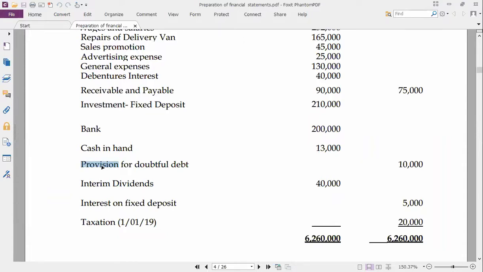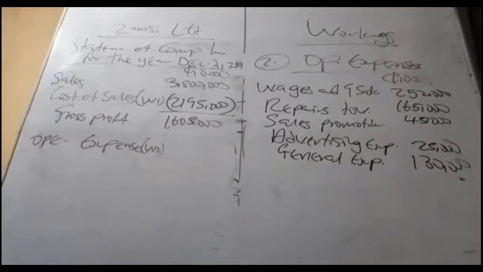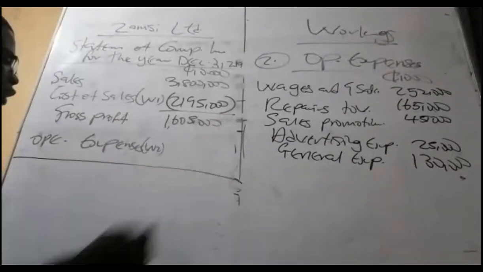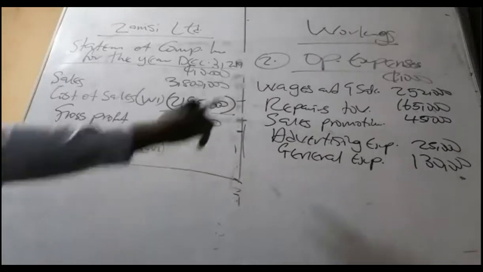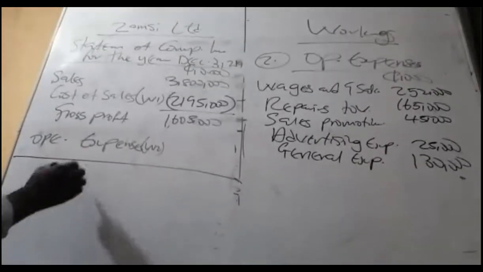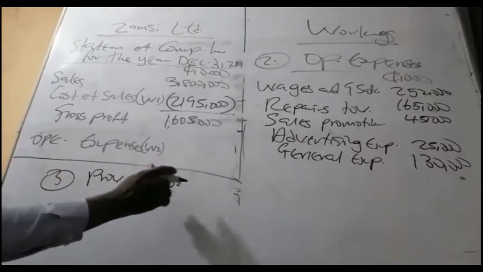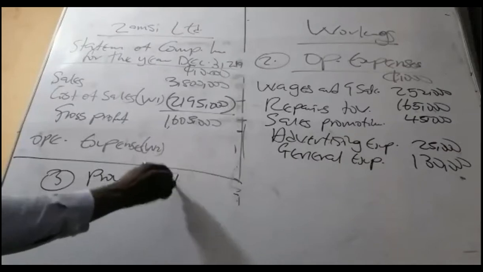So we can go and do the bad debt. Here, provision for bad debt, we need a movement. So leave enough space and go and then do the working. So let me do it here. This working is 2, so this one working is 3. Provision for bad debt. No, they call it doubtful debt.